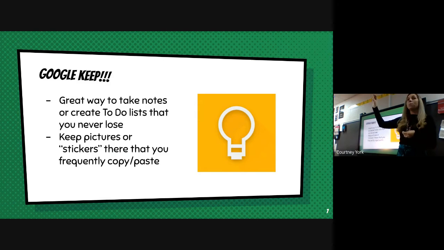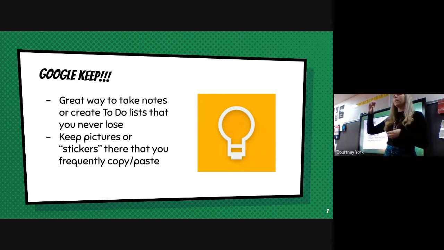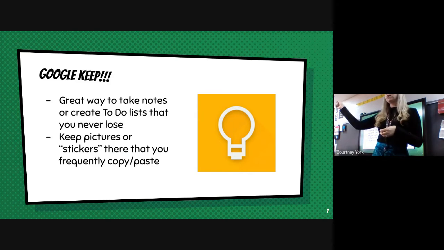If you want to make your own digital stickers, you can do that in Drawings and then save them over there. If there are certain pictures that you use a lot, you can drag them over there. It'll stay so that you can put a digital sticker on their worksheets. Or if there is a comment that you use a lot, you can drag it back and forth that way.